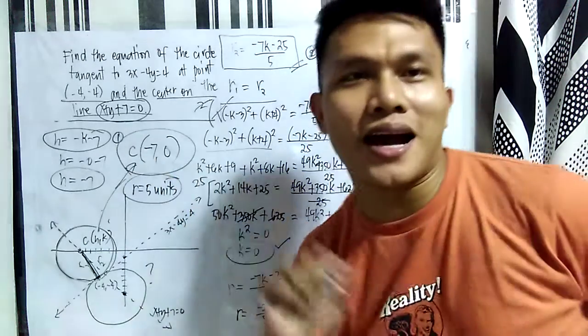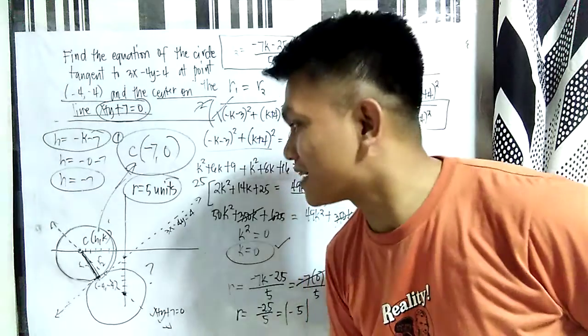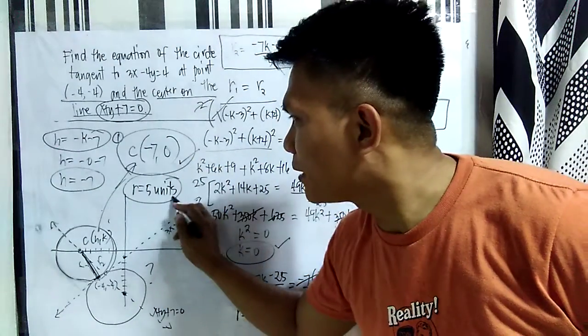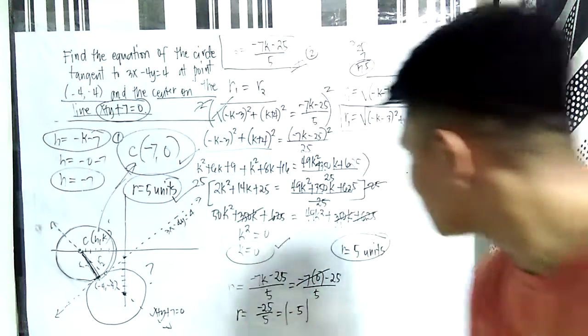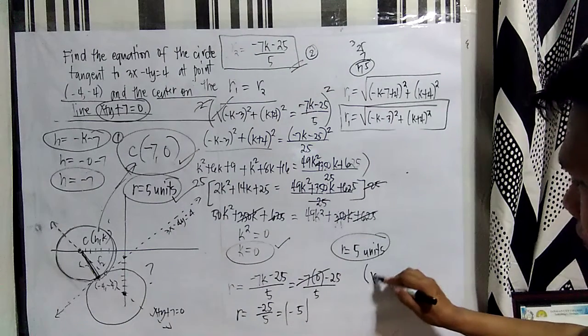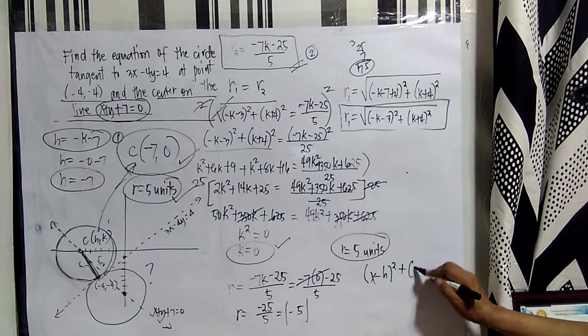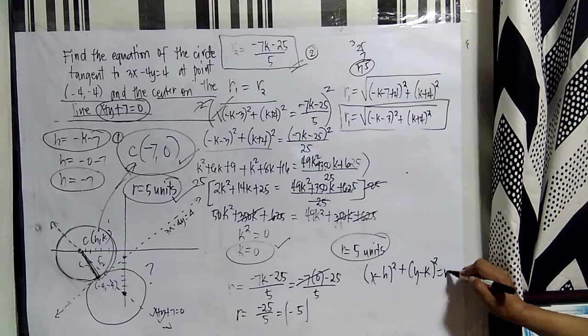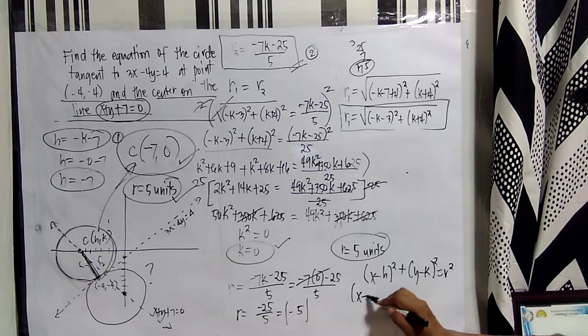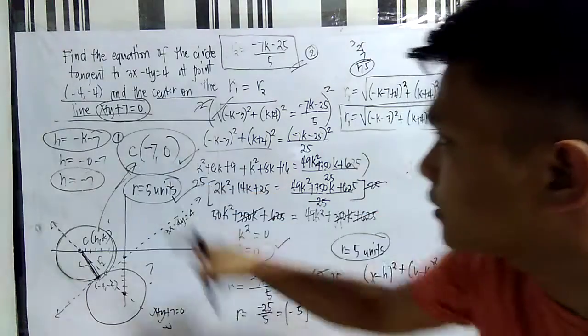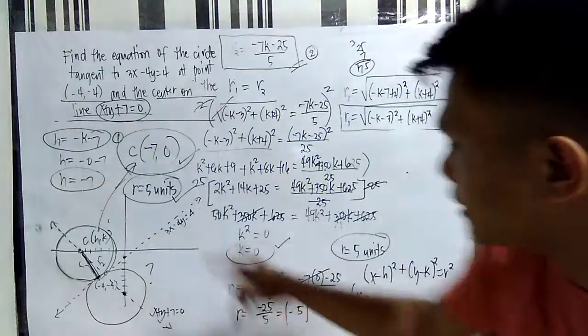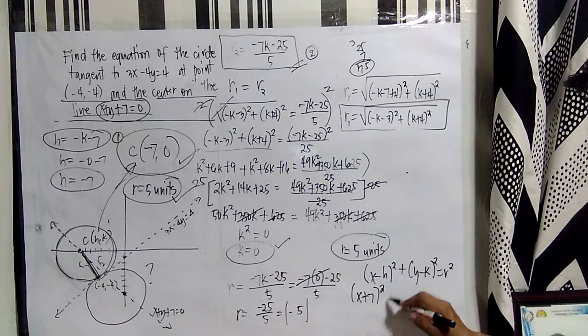Pwede mo na ngayong makuha ang equation ng circle, kasi meron ka ng center, meron ka ng radius. So para makuha natin ang standard form, you have x minus h squared plus y minus k squared equals r squared. So x minus, ang ating h is negative 7. Negative times negative is positive 7 squared.